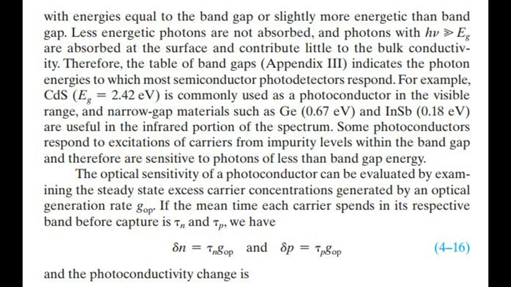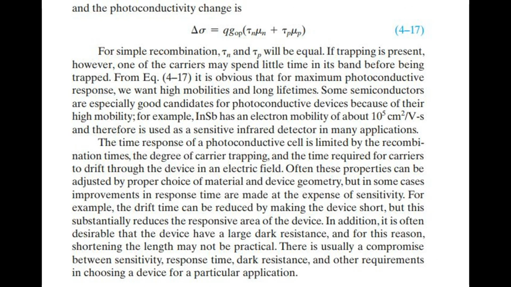For simple recombination, the two lifetimes will be equal. If trapping is present, however, one of the carriers may spend little time in its band before being trapped. From Equation 4-17, it is obvious that for maximum photoconductive response, we want high mobilities and long lifetimes.